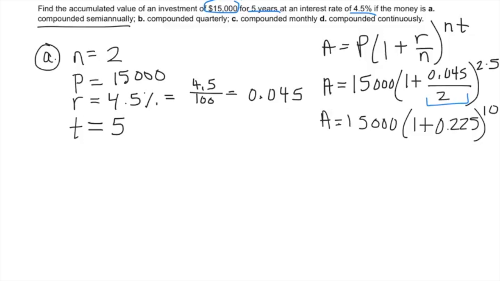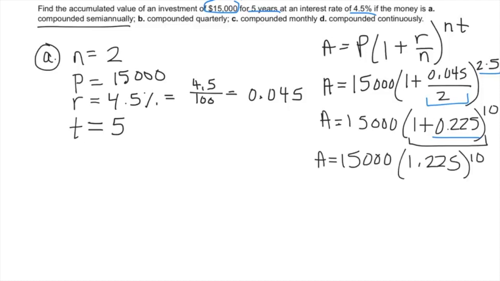When we do that, we get 0.0225. Next, we can multiply 2 times 5 to get our power of 10. Now we want to work on parentheses some more and add 1 to the decimal. When we do that, we get 1.0225. Now we have A equals 15,000 times 1.0225 to the 10th power.